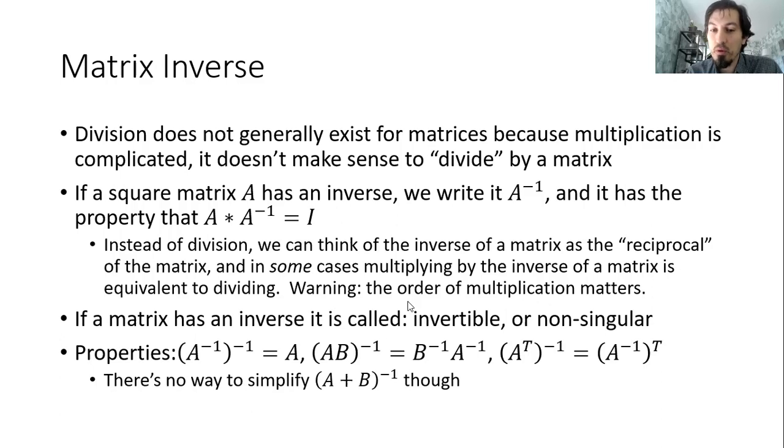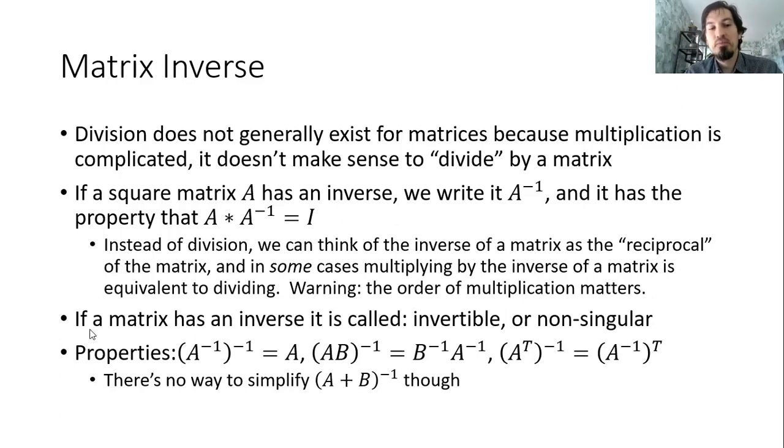Warning, the order of multiplication still matters. If you want to divide by a matrix, you could say, okay, I'll just multiply by the inverse. That's like dividing. Well, yes and no. It still matters whether you're pre-multiplying or post-multiplying. And therefore, even this concept of division isn't very consistent when you're talking about matrices.